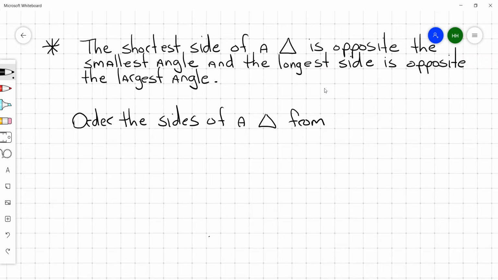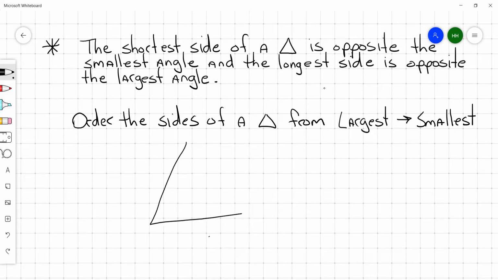All right, order the sides of a triangle from, this time we're going to go largest to smallest. And let's say you're given a triangle again. Triangle MNO.